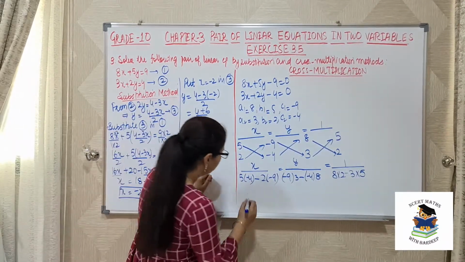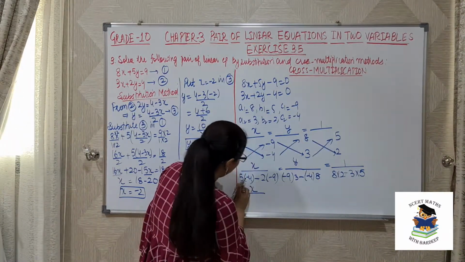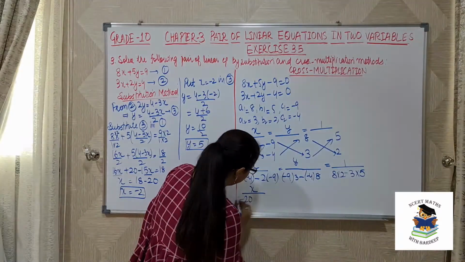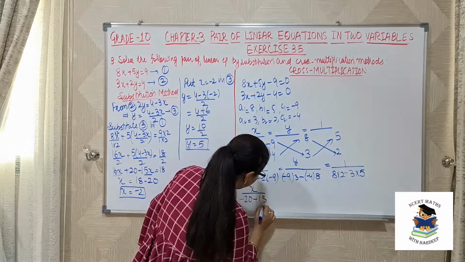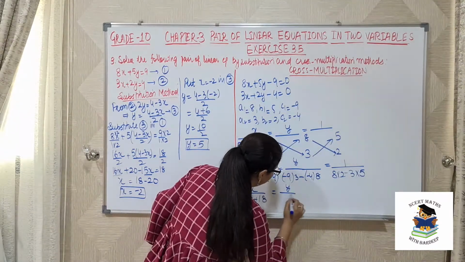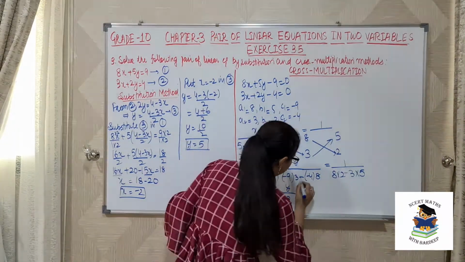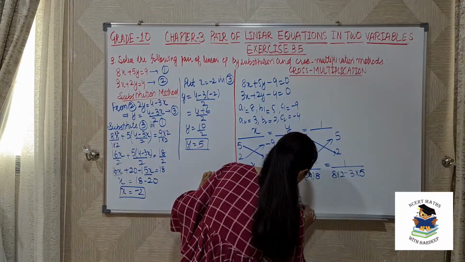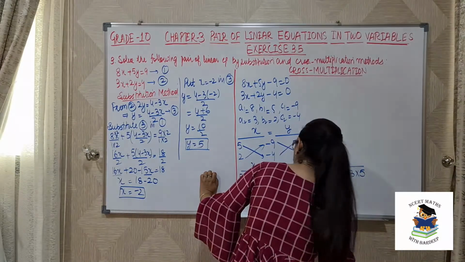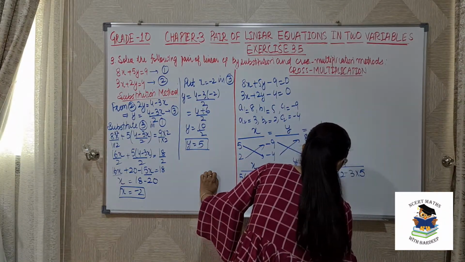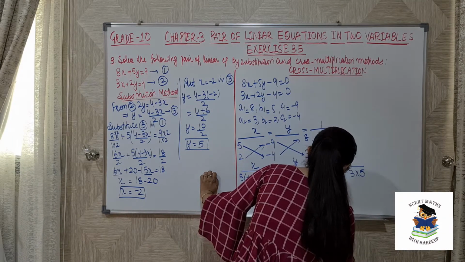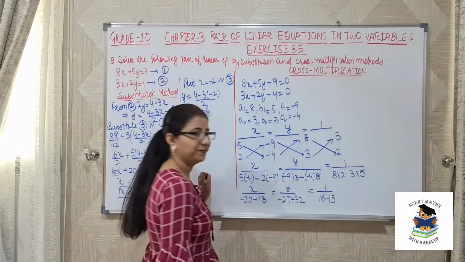Okay, so now let's find the values. 5 into minus 4 is minus 20. This is plus 18. Y over minus 27. And this is plus 32. And here it is 1 over 16 minus 15.